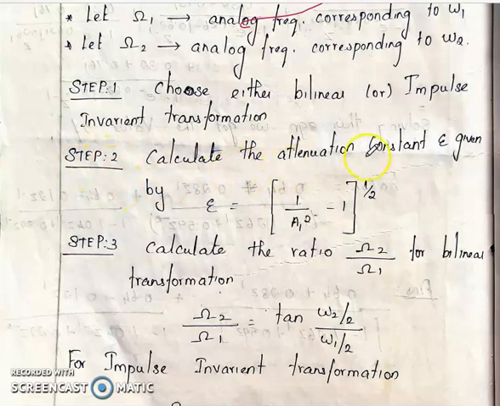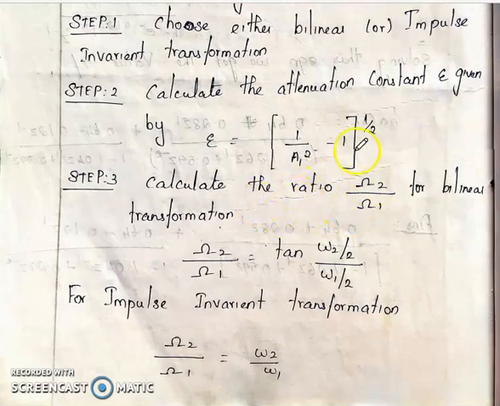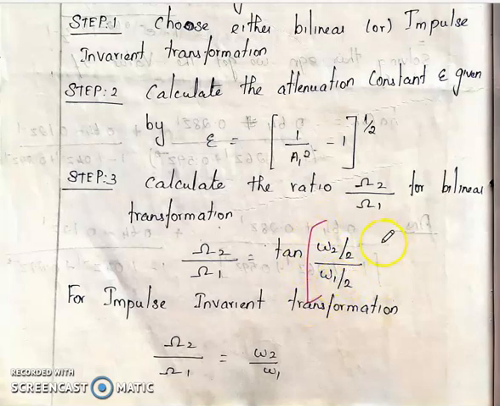Okay, then we move on with step 2. You have to calculate the attenuation constant, so that formula will be (1/a1² minus 1) whole power 1/2. Then in the third step we have to calculate the ratio of Ω2 by Ω1. For bilinear transformation, the same formula as used in the Butterworth technique also: tan(ω2/2) by tan(ω1/2).